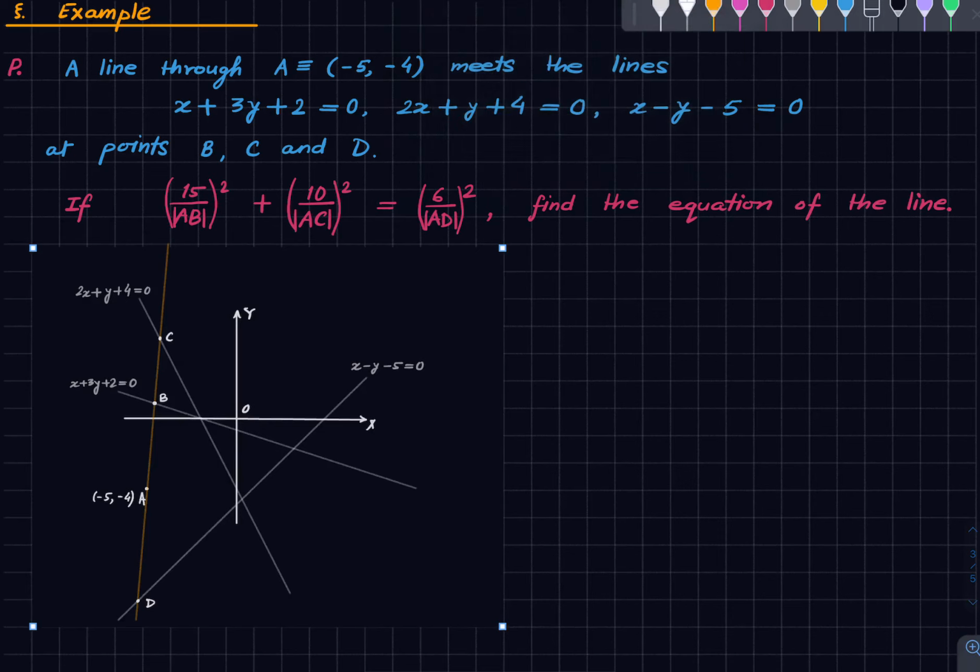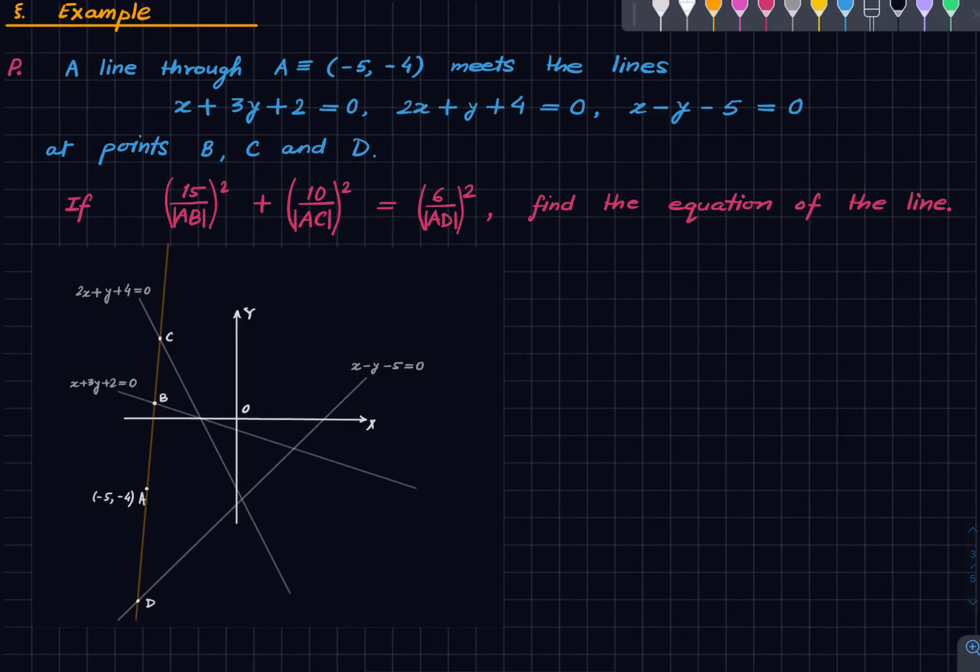But anyway, you start with some a, b, c, and then you find the coordinates for the point B by solving for this line and that line, and similarly solve for the coordinates of C and D, and then you substitute them here, and you'll get another horrible equation. It will be unmanageable. So that's certainly not a good idea.